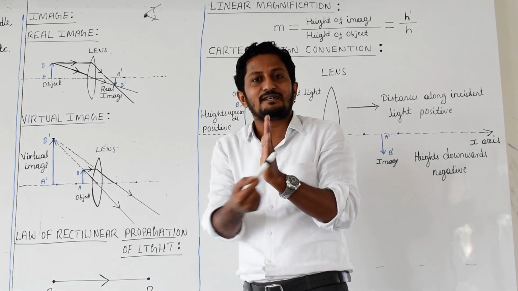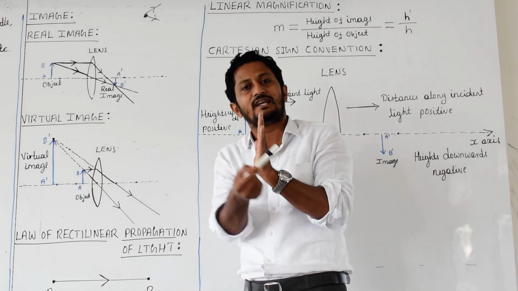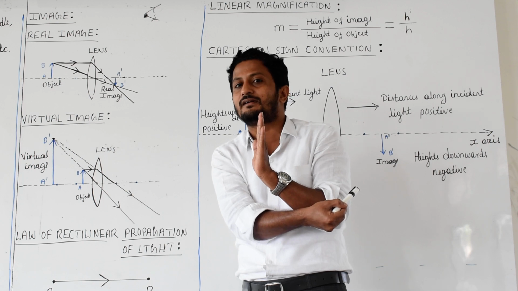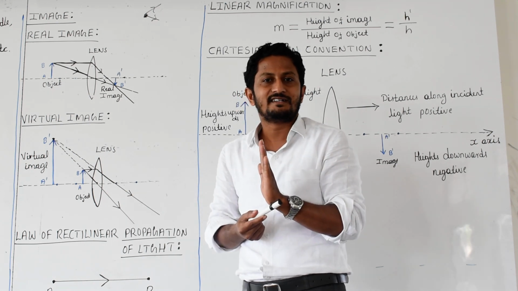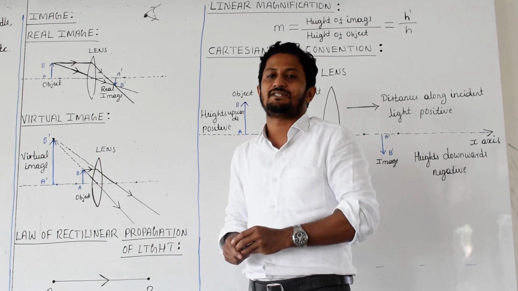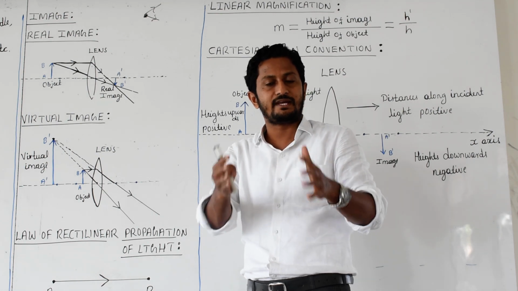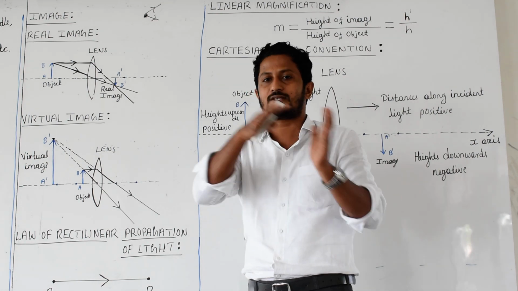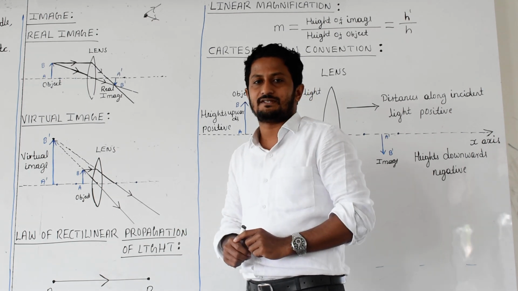But you can see something is there behind the mirror. It looks like it is there. As we go behind, you won't get anything. Such kinds of images are called virtual images. The images which we can see but cannot get on a screen are called virtual images.